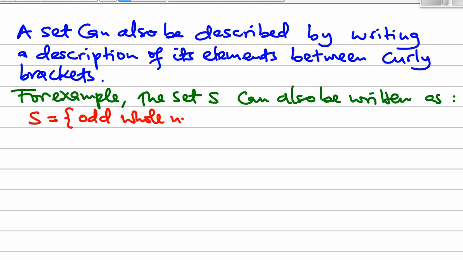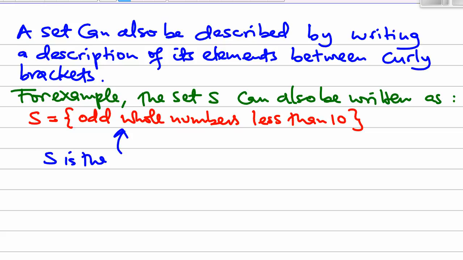Odd whole numbers that are less than 10. And then you close the curly bracket. So what this means is S is the set of odd whole numbers less than 10.